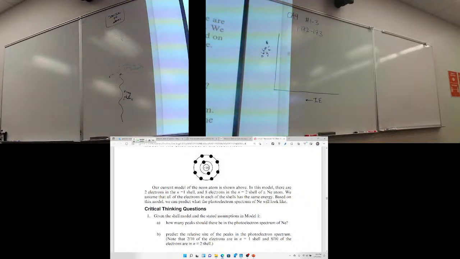Okay, so first, they're saying that this 2.08 is the first ionization energy. So that's going to be the lowest energy possible. Not the ground state, but it's the energy required to remove the easiest to remove electrons. Okay, so anything else is going to be higher than that. So this is this one right here. It's the big peak, yes. Is the big peak. Yep. Okay. Because you're removing the outer electrons. Yep.